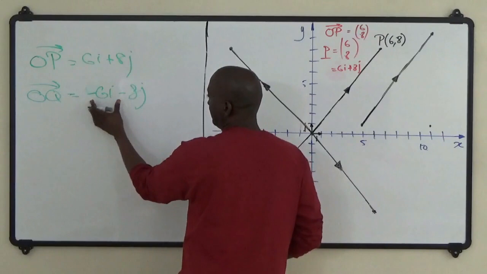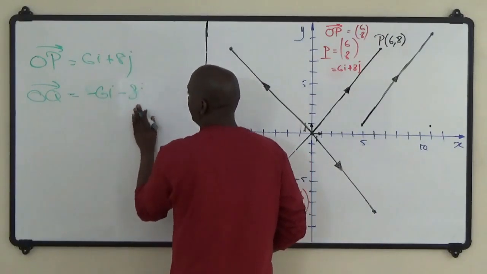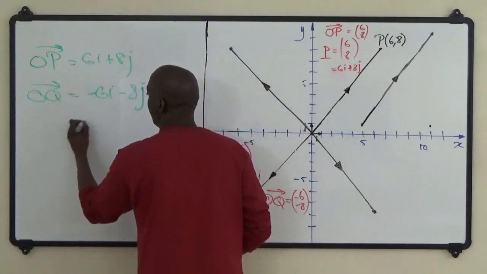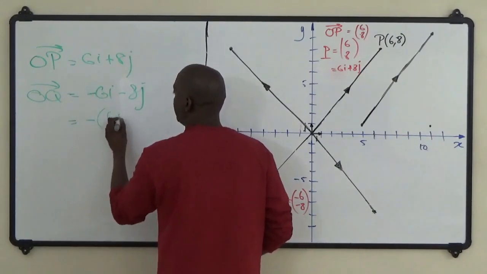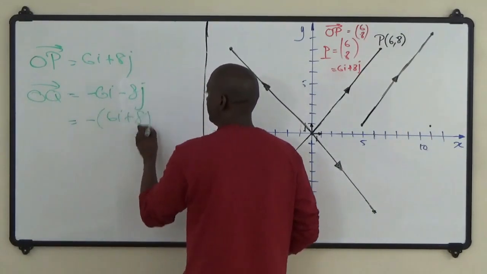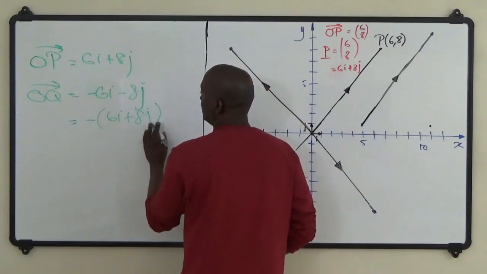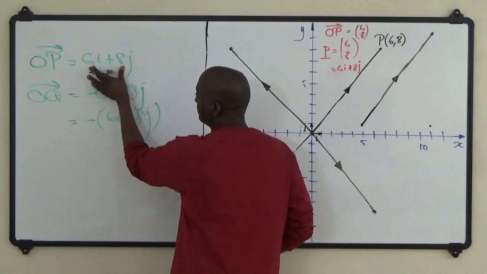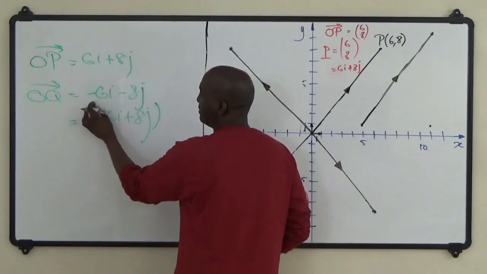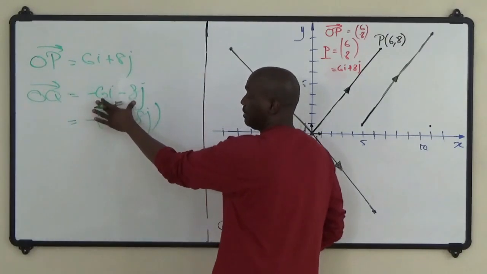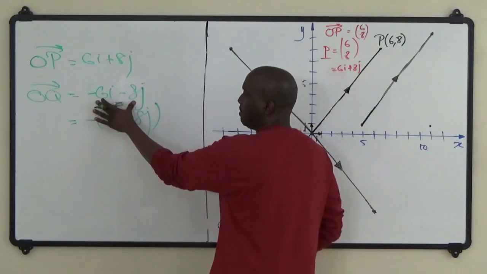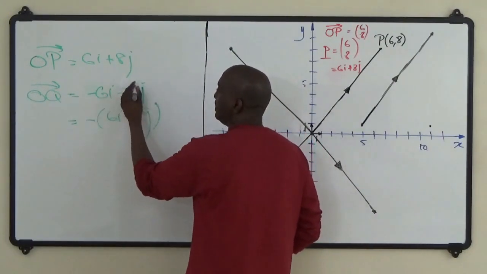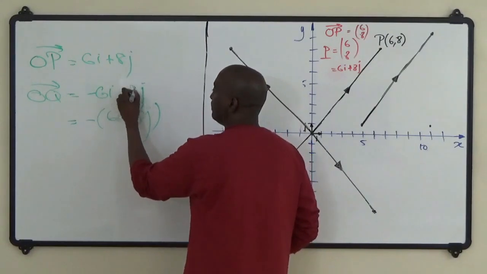And if you notice, minus 6i minus 8j is exactly equal to minus into 6i plus 8j. So in other words, by simply putting a minus sign in front of this, we have reversed the direction to give a new vector. But mathematically speaking, this new vector is simply the negative.